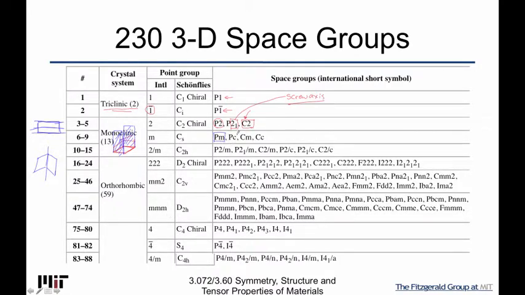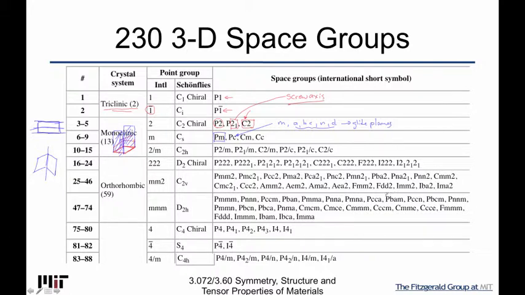Now here's another notation we haven't talked about yet, which is a C, a little c. And what we're going to find out is that M is for mirror plane, but A, B, C, some other notation, N and D are all related to glide planes in 3D.